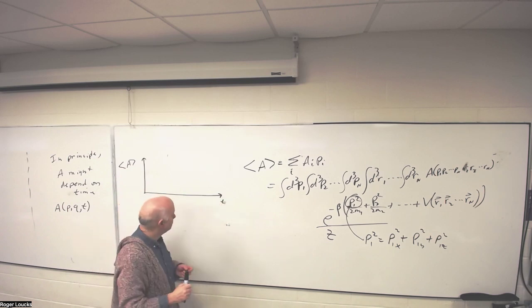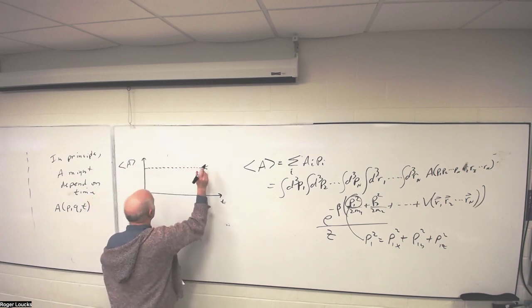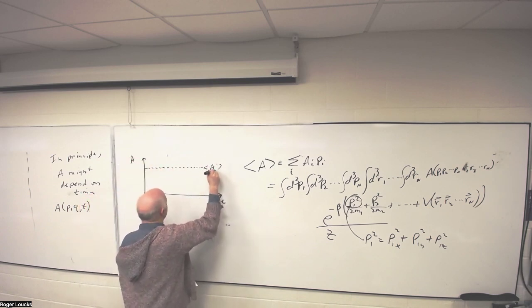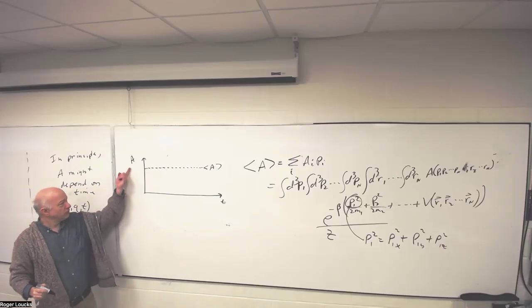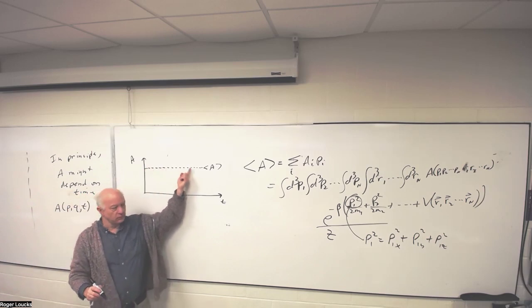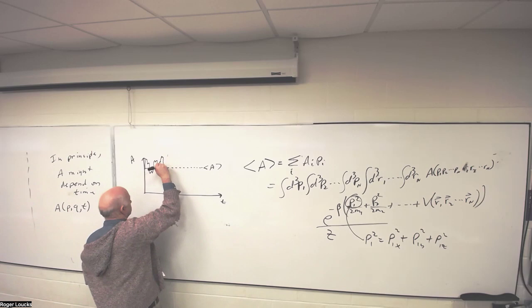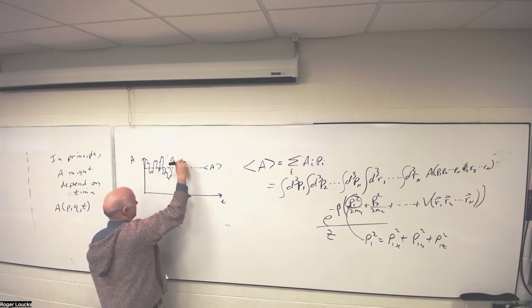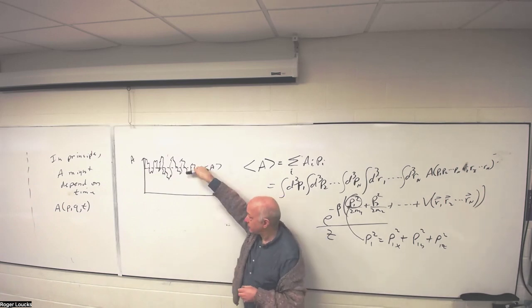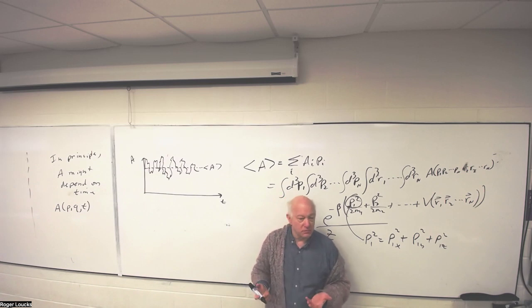And what would I have here? I'm just going to say A. This is going to be my average value here. But in general, what might this A look like if I plot it versus time? The average value is going to be fixed, it's constant. But this A might actually vary, bouncing back and forth around the average.